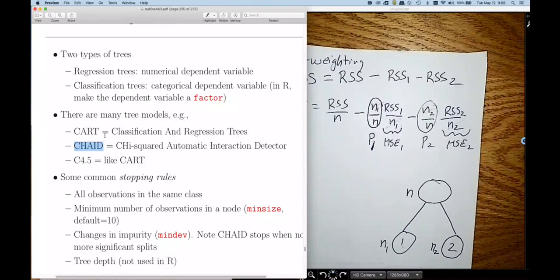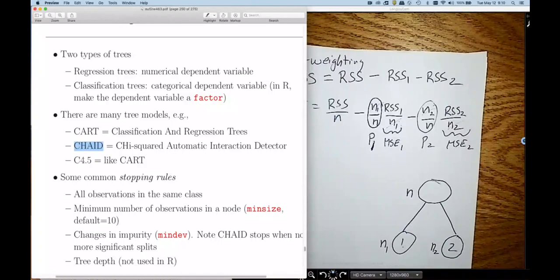It only introduces a split if there's a significant difference in the proportions or in the means across the nodes, which means if there's a complicated interaction that maybe you don't see with the first split, then CHAID isn't going to find it. Whereas CART and C4.5 overgrow the tree and then they prune back. So that's a better strategy. So for those reasons, I would not use CHAID. I would stick with CART or C4.5.